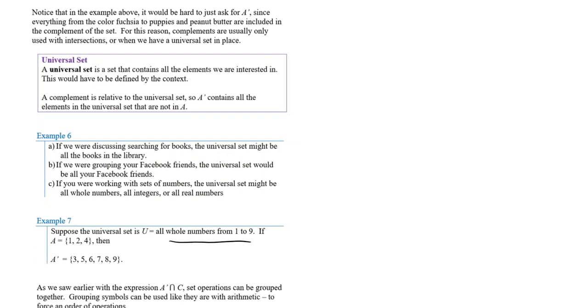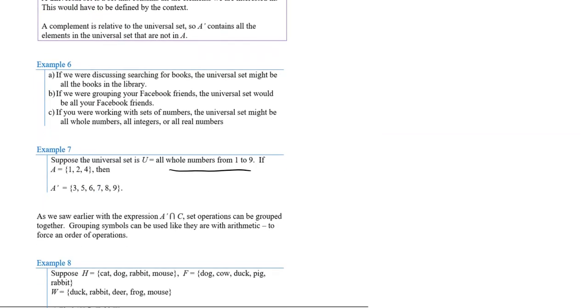So in question 7 here, it says suppose the universal set, and quite often it's written as U, but it could be anything, whatever they tell you, but quite often it'll be U. So the universal set is U, all whole numbers from 1 to 9. Then if A is 1 to 4, the complement of A is always related to the universal set.